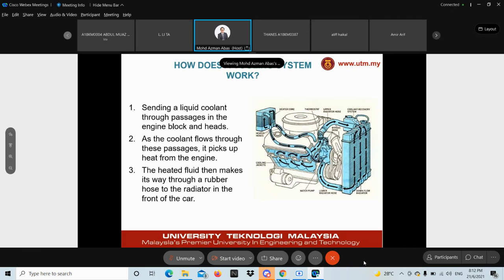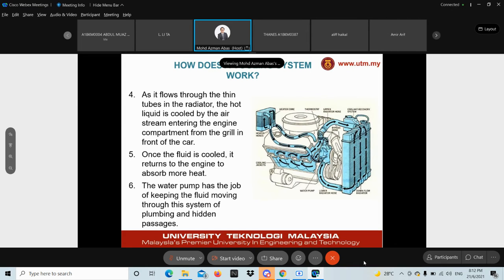This is where the heat is being exchanged by the air that flows through the radiator fins. As it flows through the thin tubes in the radiator, or what we call fins, the hot liquid is cooled by the airstream entering the engine compartment from the front grille of the car.